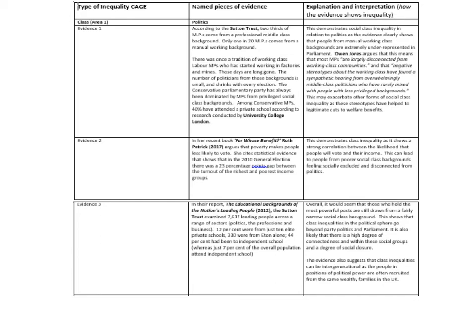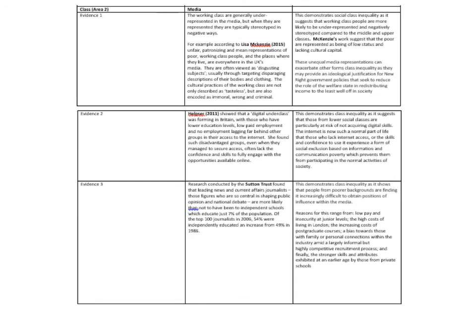Okay, you need 2 pieces of evidence for each area of life. So remember that the exam question will ask you to focus on 2 areas of social life. So in addition to politics, you need also to look at the media. And again, this is about social class. And once again, you can leave out one of these sections.